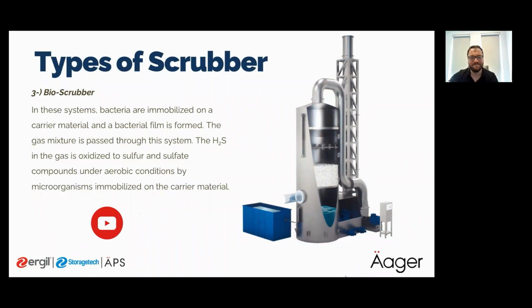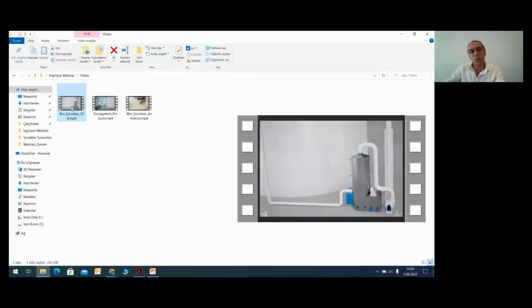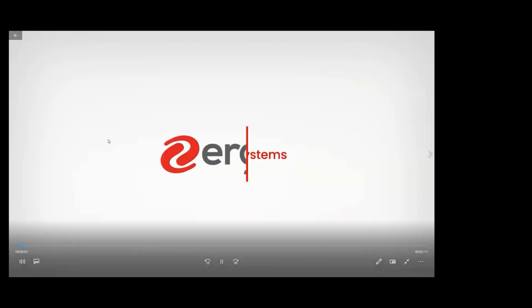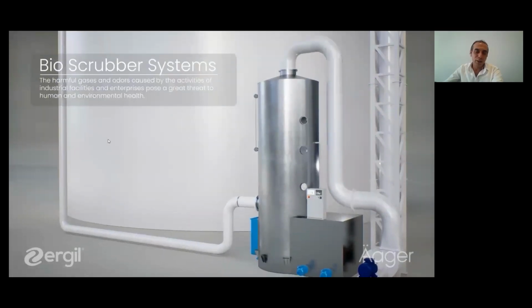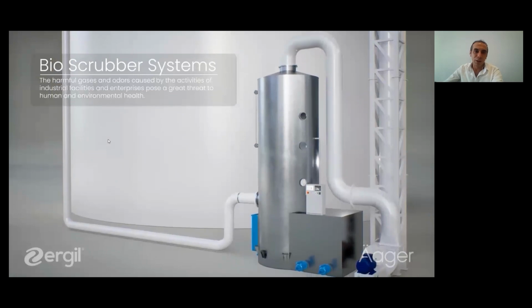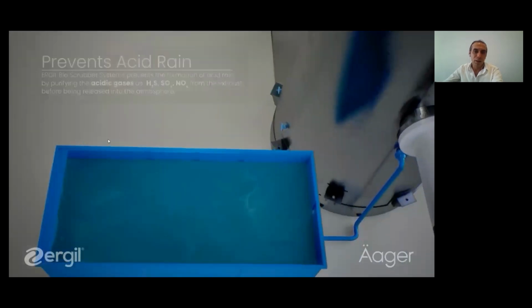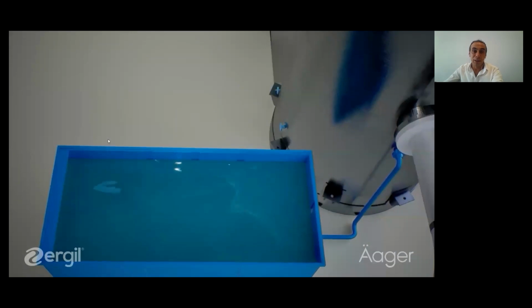Understood. Yeah, I would like to watch the video of how the bioscrubber works. Also, I will continue. In the bioscrubber, we have two tanks. One of them is the feeding tank for the bacteria, because those gases make acid rain.